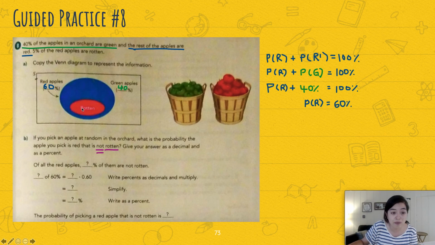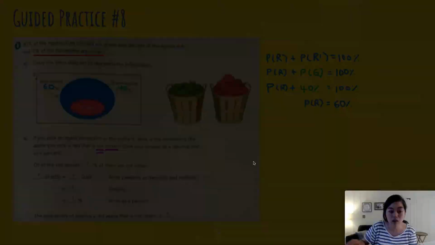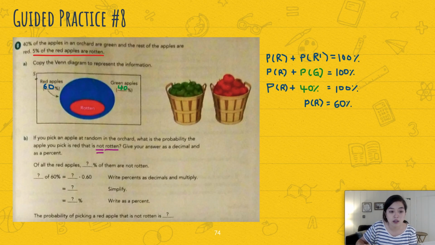So, outside of this red circle, within the blue circle, okay? It says 5% of the red apples are rotten. Okay, so 5% of the red apples are rotten.